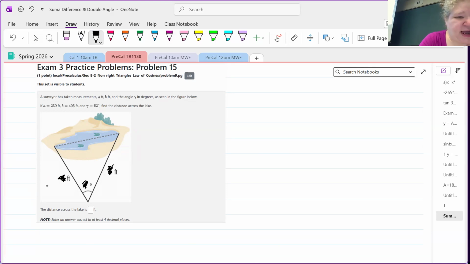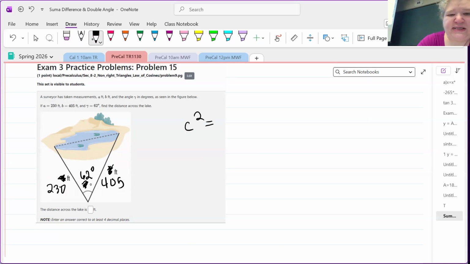So on the test, it'll have 230 feet, 405 feet, and then the angle here they said was 62 degrees. So the law of cosines formula we get from the list is the c² version.